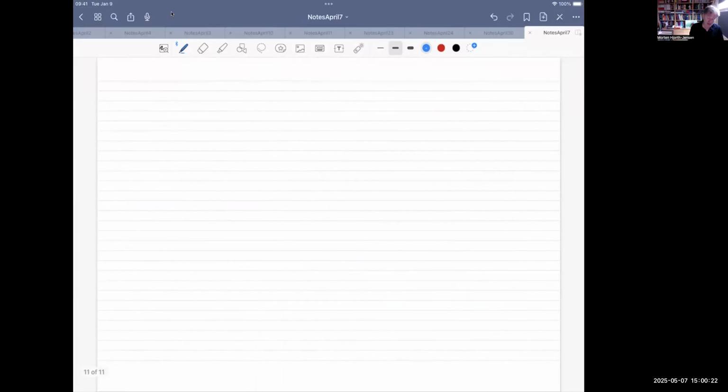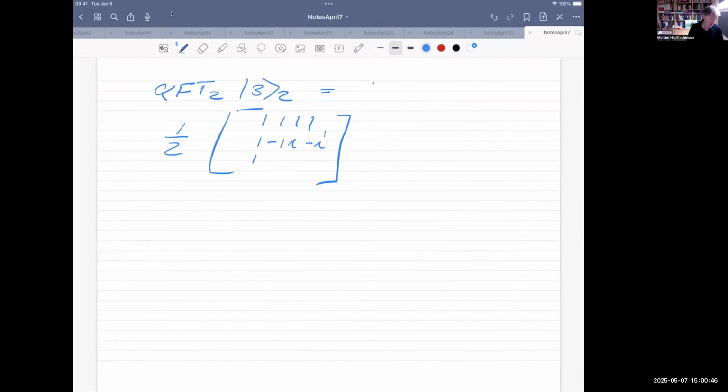So if I act with QFT2 on the state, which will be the state 3 in this basis, which is then the same as that specific matrix, 1/2, and then I have 1, 1, 1, 1, and 1, -1, I, minus I. And then I have 1, 1, -1, -1, 1, 1, minus I, and I acting on this specific state, 0, 0, 1. What I will get then is a linear combination of the given states.